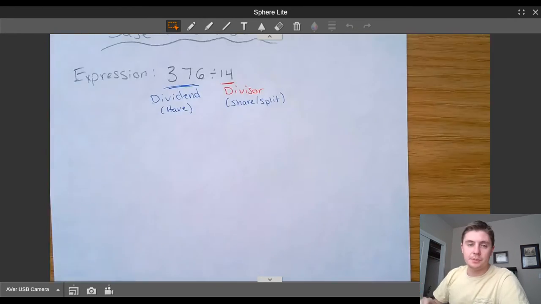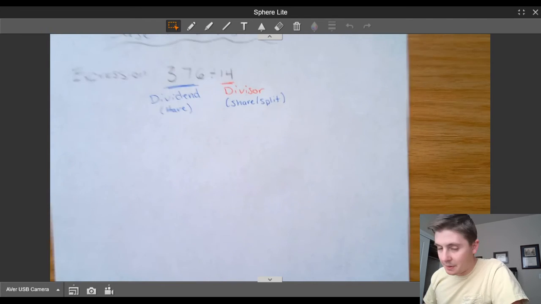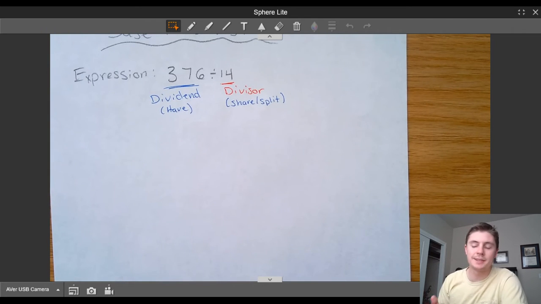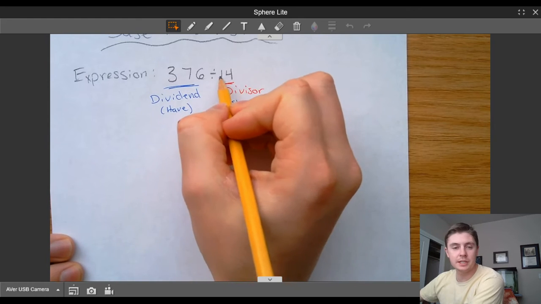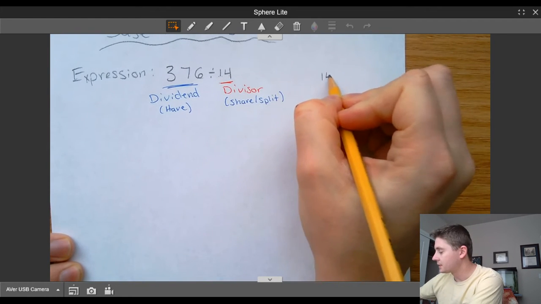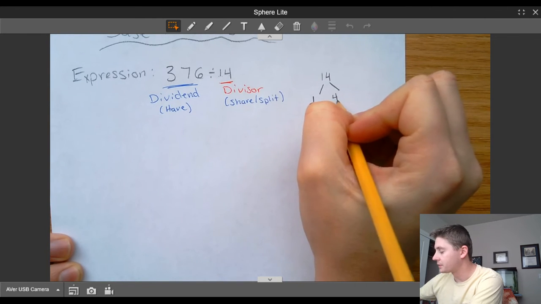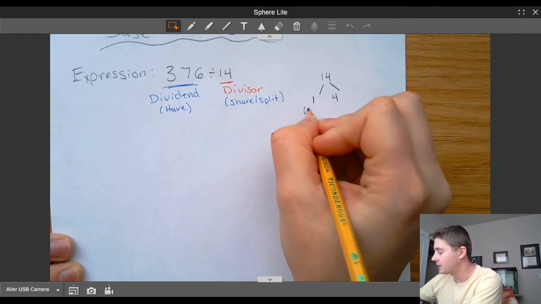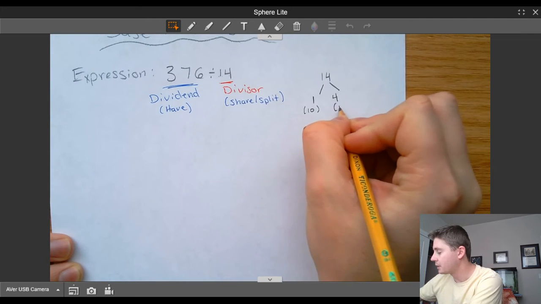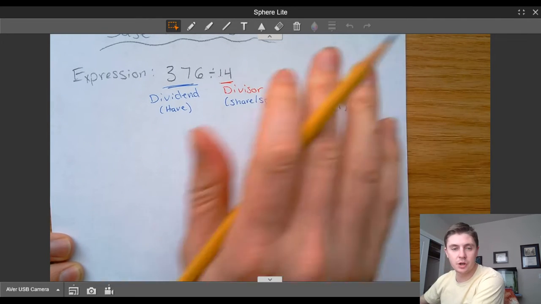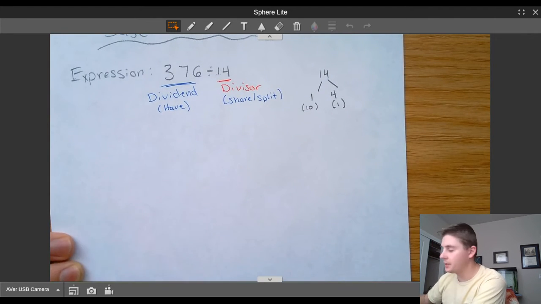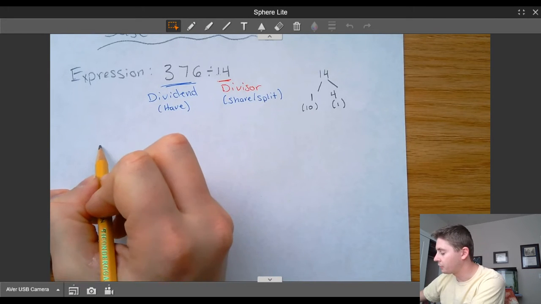To show what this actually represents, I'm going to take my divisor and put it into a base 10 system where I have a 14. This 14 is the same thing as saying I have one 10 and I have four ones. This is my 10's place value and this is my 1's place value. To show that accurately, I'm going to put on the left side of my page a vertical log.